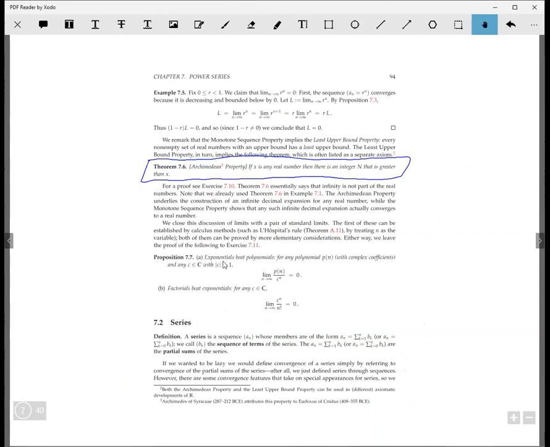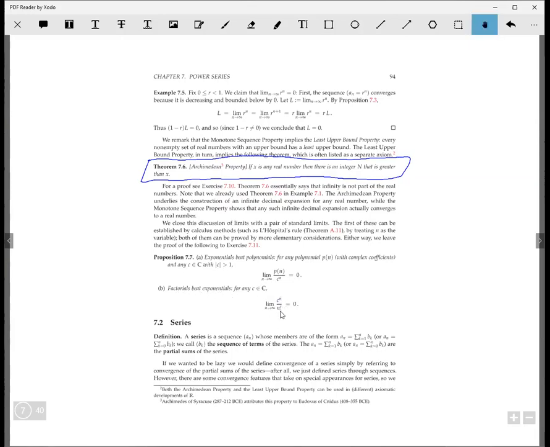Proposition 7.7, this is something you already know. Exponentials beat polynomials as far as going to infinity. So if you have c to the n where the modulus of c is greater than 1, that's going to wipe out any polynomial. Factorials beat exponentials.